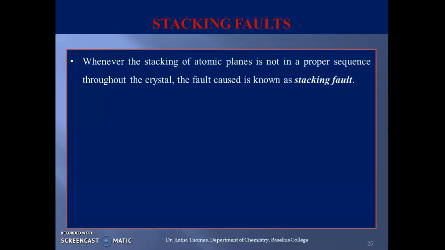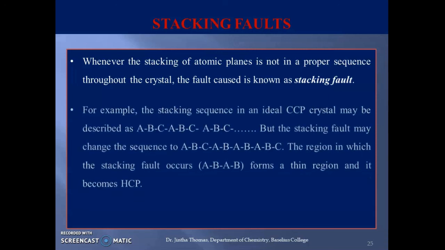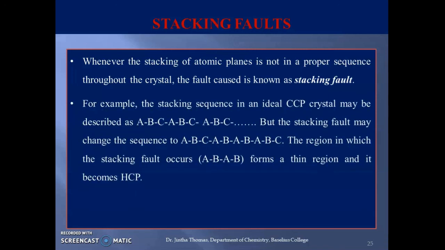Whenever the stacking of atomic planes is not in a proper sequence throughout the crystal, the fault caused is known as the stacking fault. For example, the stacking fault as we considered here, the sequencing in a CCP crystal may be described as ABC, ABC, ABC type arrangement.